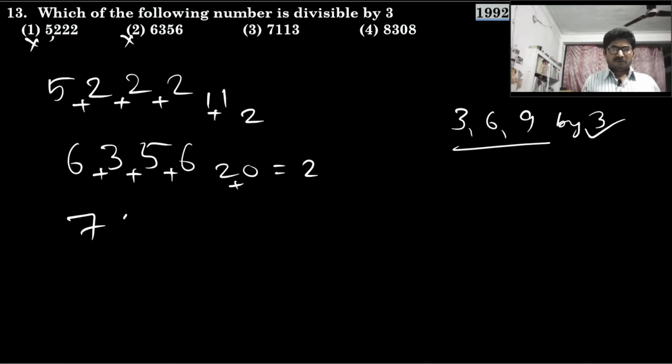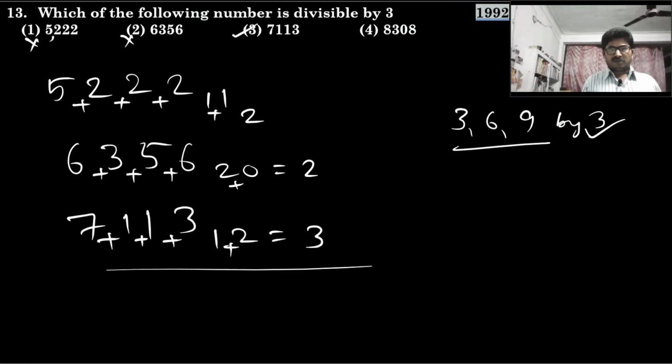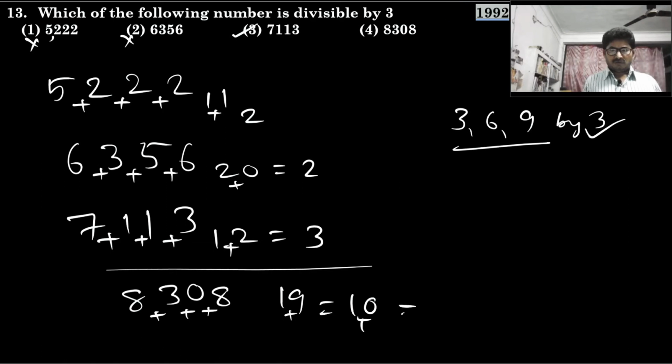Next, 27113: 2, 7, 1, 1, 3, 8, 9, 12, 3. So this is exactly divisible by 3. We may check the last one also, just for confirmation: 8 plus 3 is 11, 19, 10, 1.